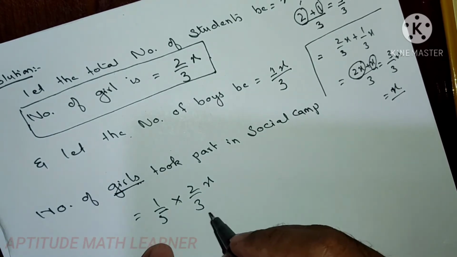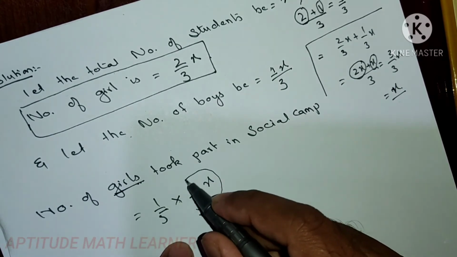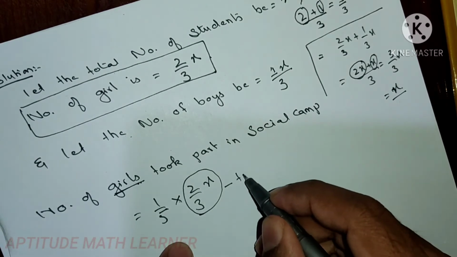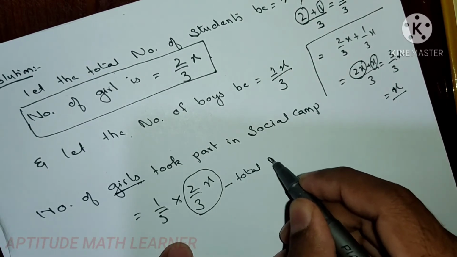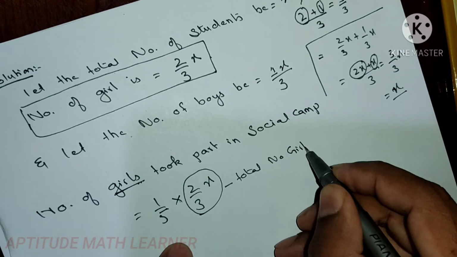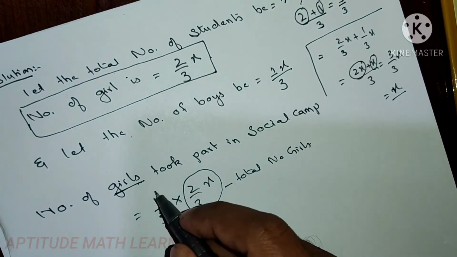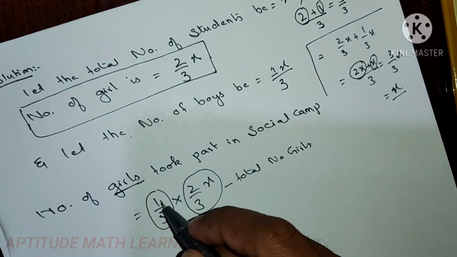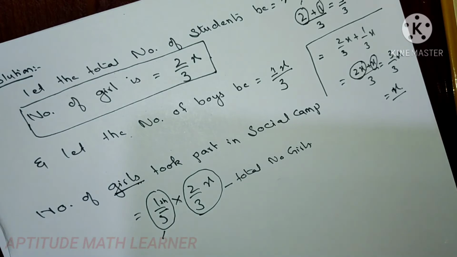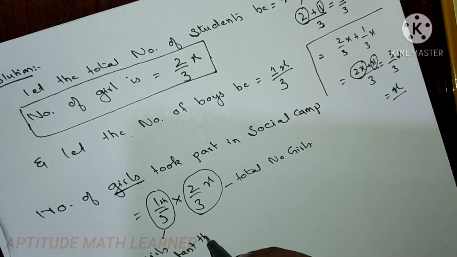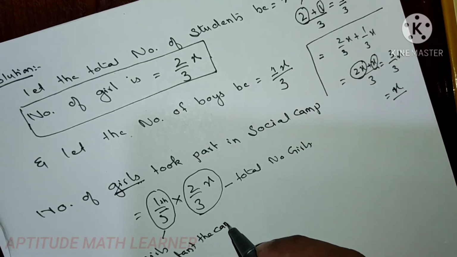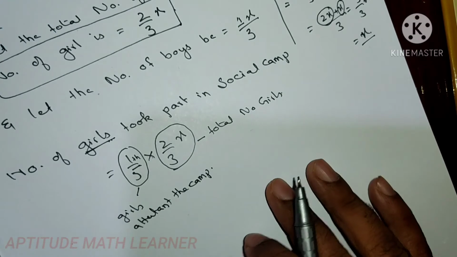So what does this mean? This is the total number of girls, and 1/5 of the girls attended the social camp.